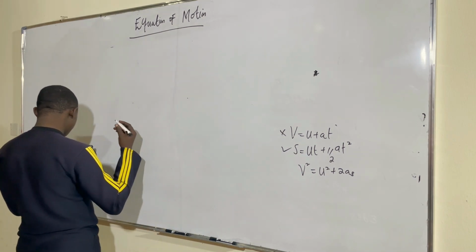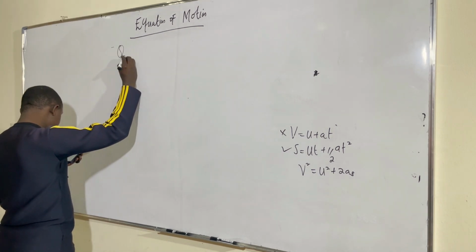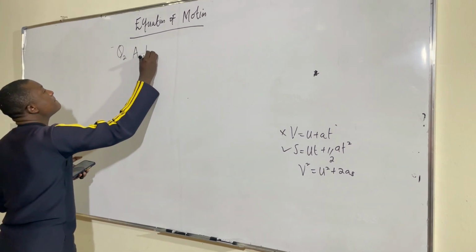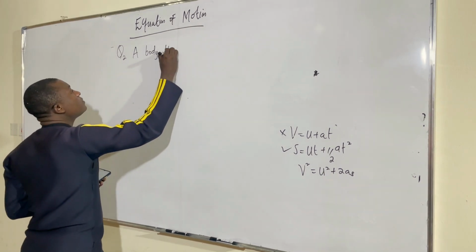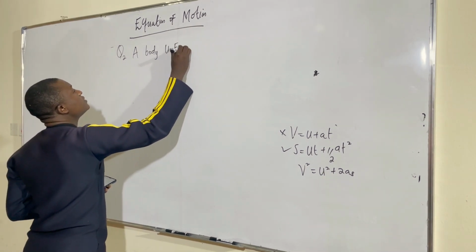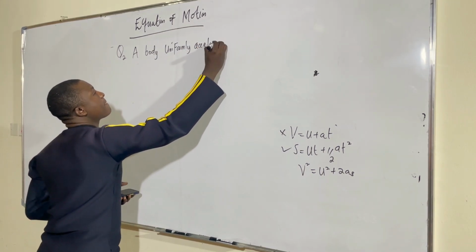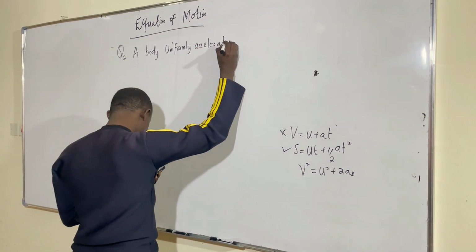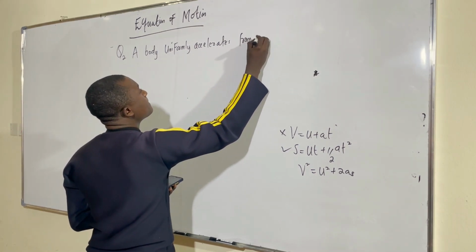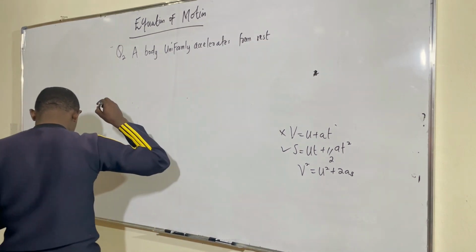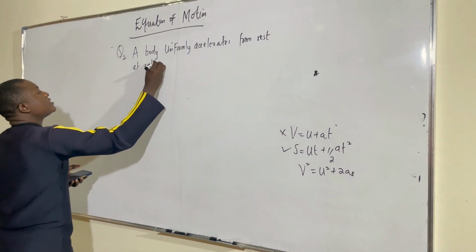Let's look at this problem. Question 2: a body uniformly accelerates from rest at 8 meters per second squared.